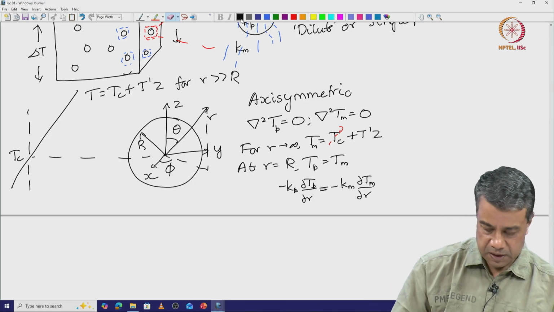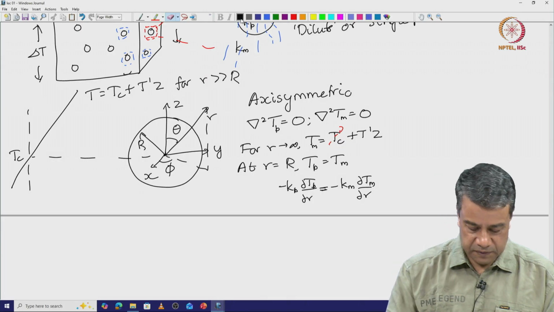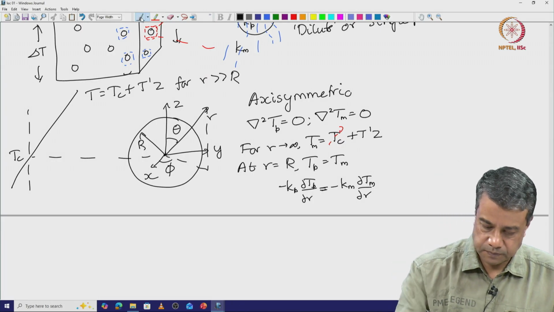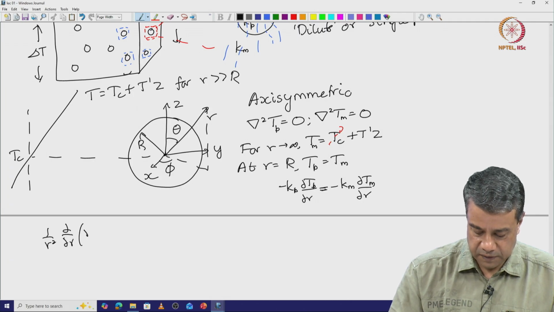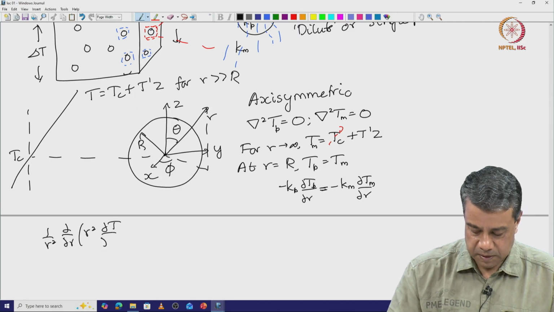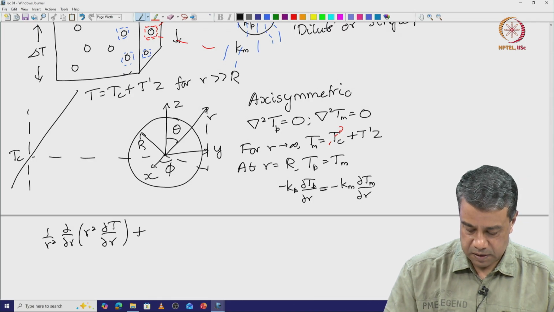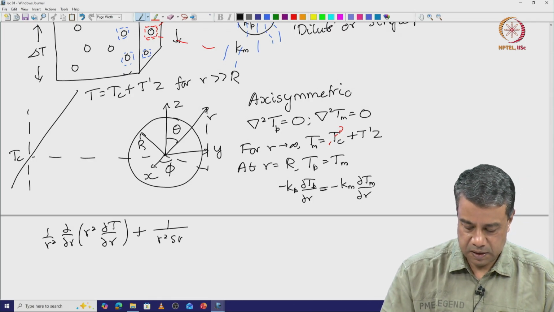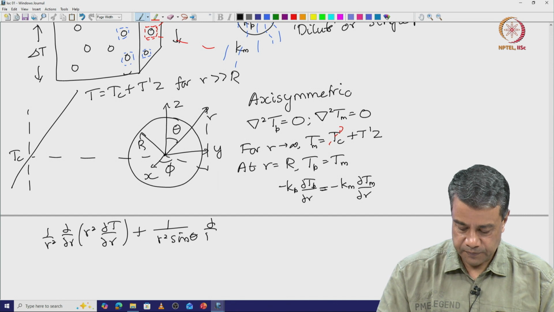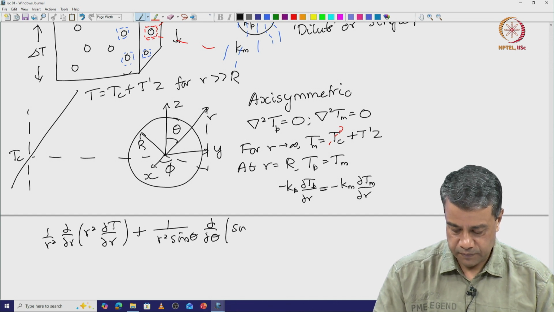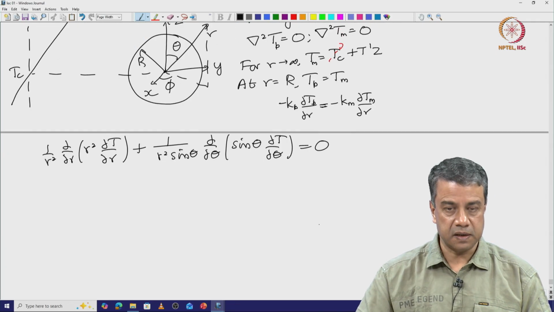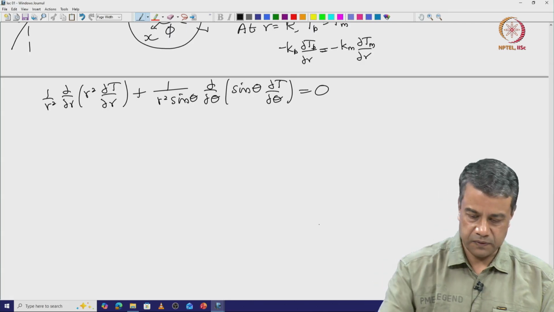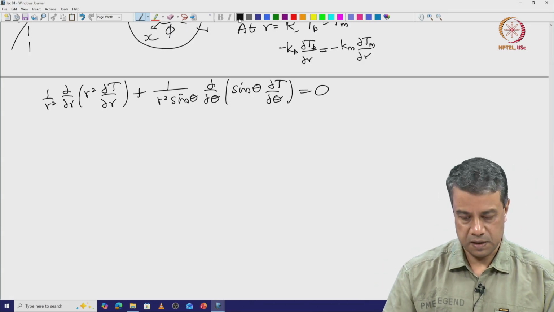So, in the r and theta coordinates, the temperature field is 1 over r square d by dr of r square partial T by partial r plus 1 by r square sin theta d by d theta of sin theta partial T by partial theta. This is equal to 0 for both the particle and the matrix.